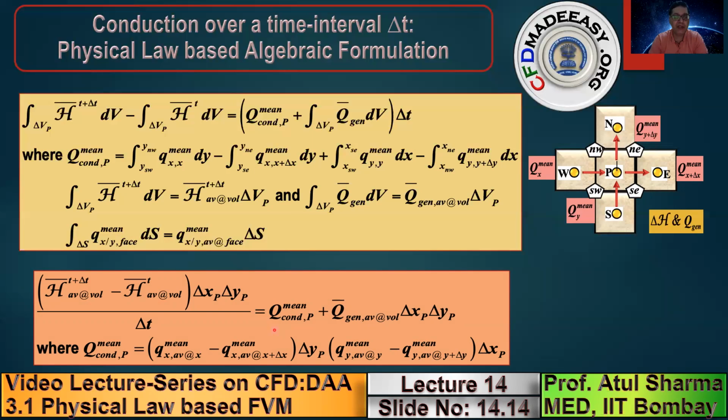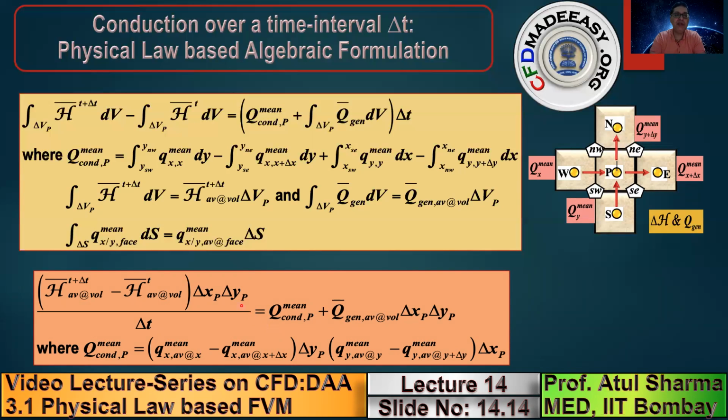For that 1-point representation in a volume, I am using a mathematical definition which is called volume average. For a flux term, I'm using a definition which is called surface average. So I am basically getting an algebraic formulation without any approximation till now, where instead of volume integral and surface integral, I'm representing it by a 1-point representation corresponding to volume average and surface average.